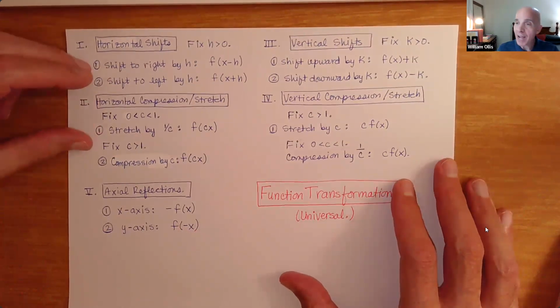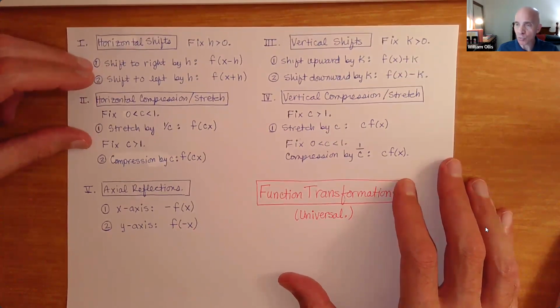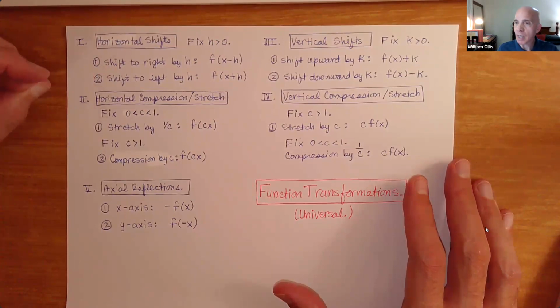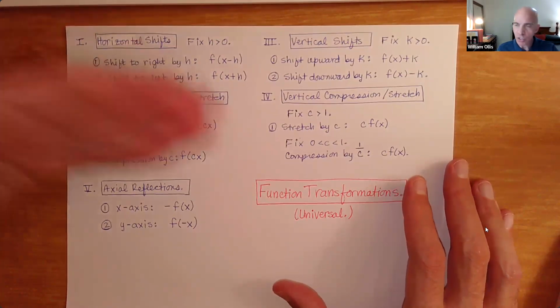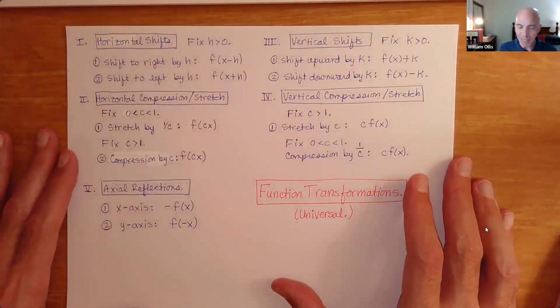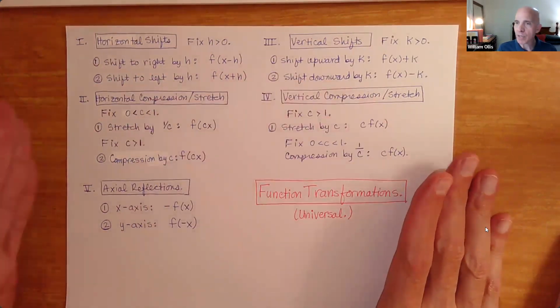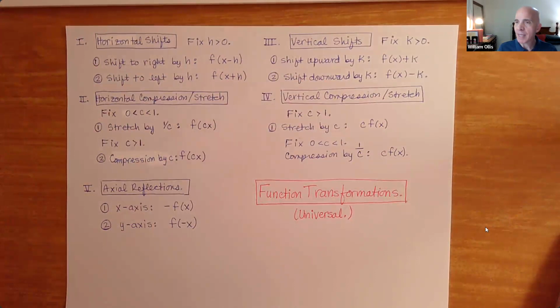But we will find these to be extremely, extremely helpful when you get to pre-calculus and you study trigonometric graphs using these transformations. So again, very, very useful, very, very effective in mathematics, STEM in general.